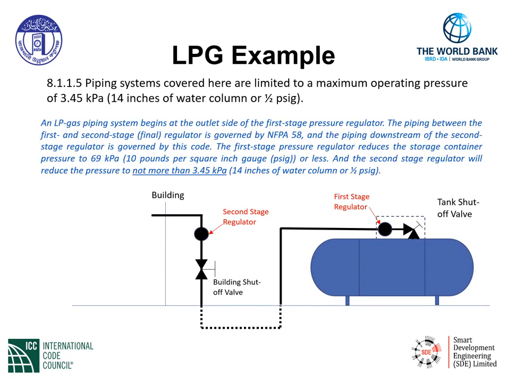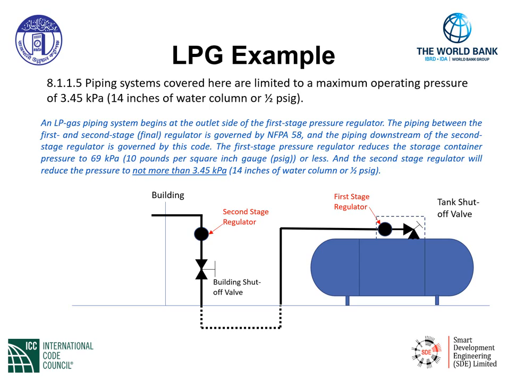As an example, we have an LPG system here. The piping systems that are covered here, again, we reference code section 8.1.1.5, and we are limited to a maximum operating pressure.